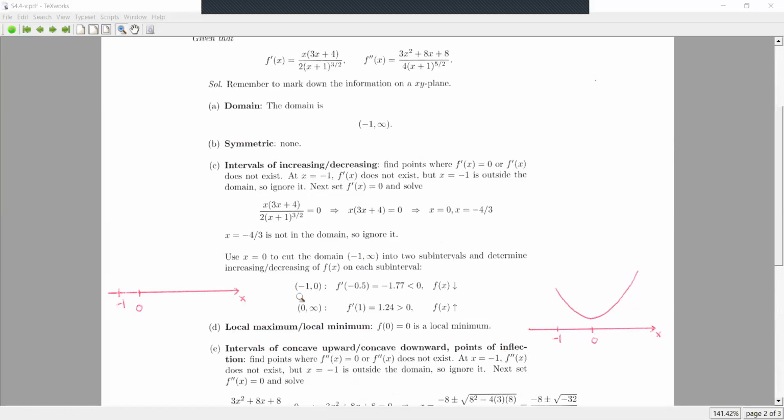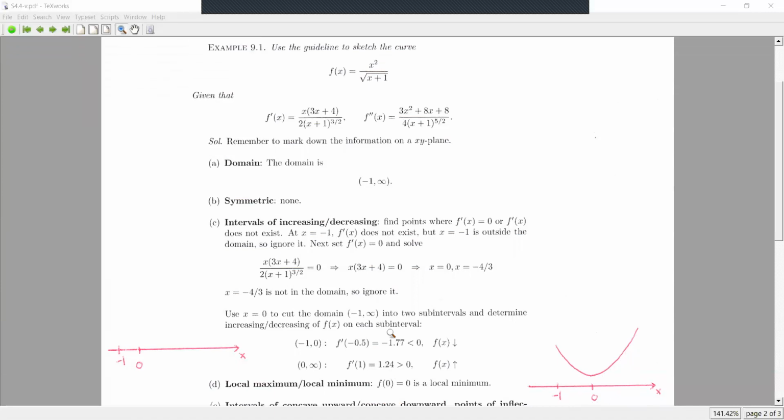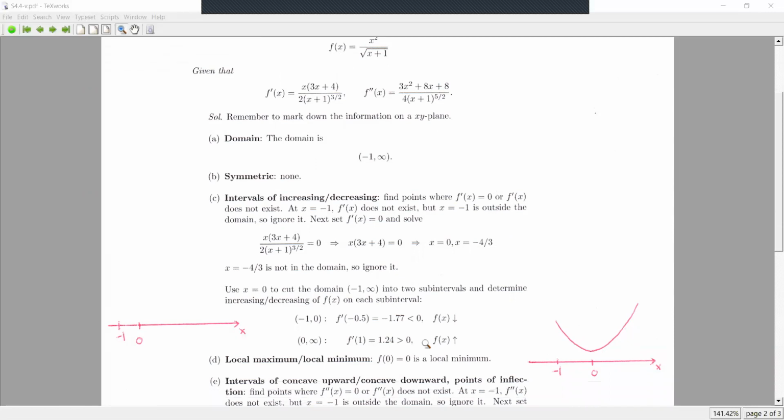Now, here, from negative 1 to 0, the graph is decreasing. Then 0 to infinity, increasing. So the function has a local minimum at 0. The local minimum function value is the function value at 0. Plug in 0 in x, then the function value at 0 is 0. So 0 is a local minimum function value. Local maximum: none.